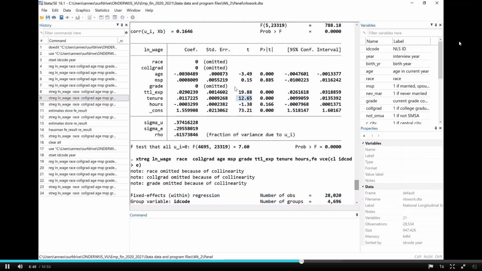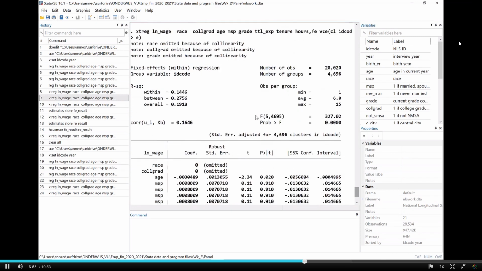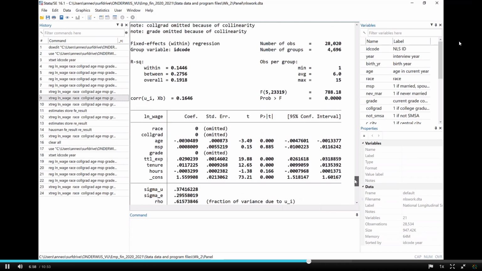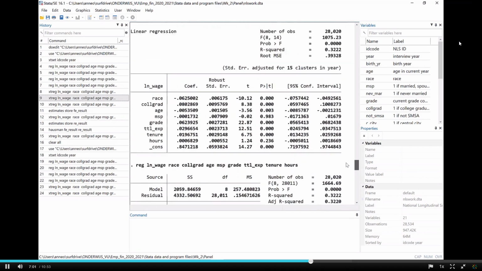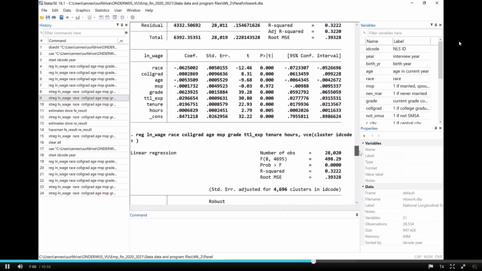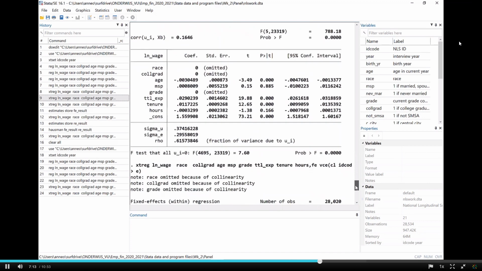And that's why the standard errors of fixed effects robust still increase a bit, but it's much less than the difference between the original regression and the pooled regression with robust standard errors with clustering. So here the difference is much more compared to over here.